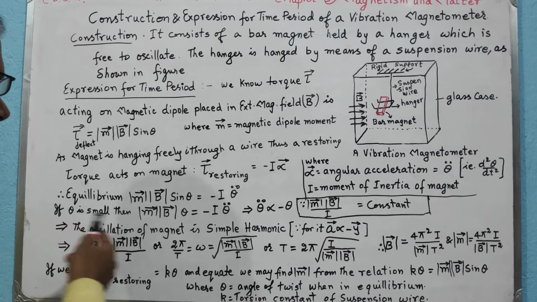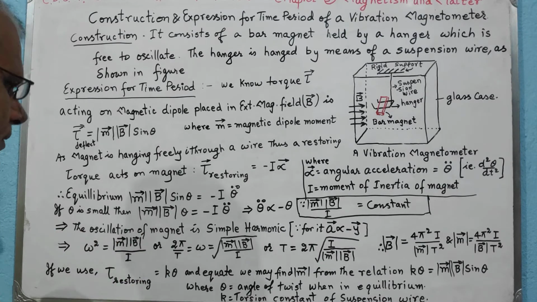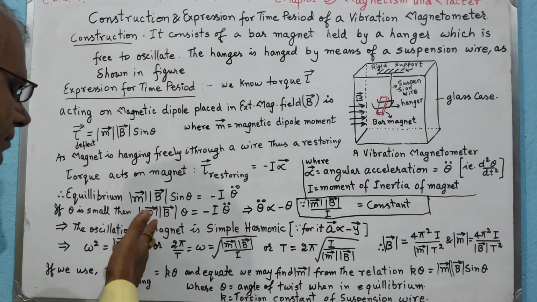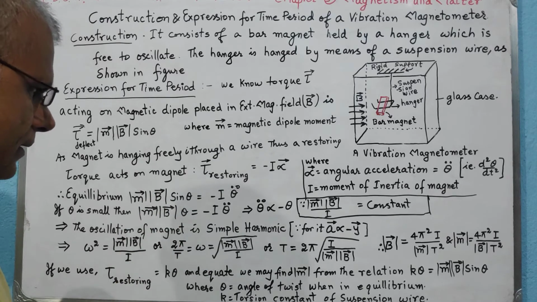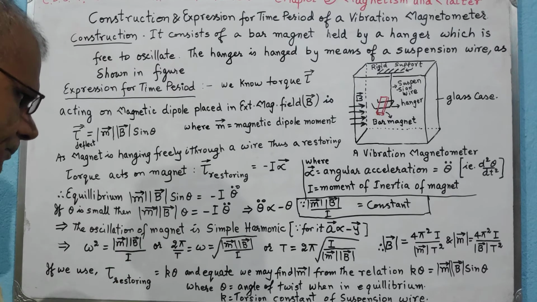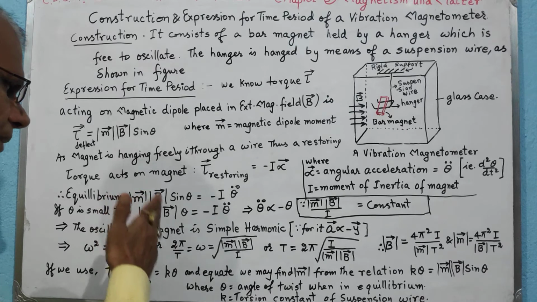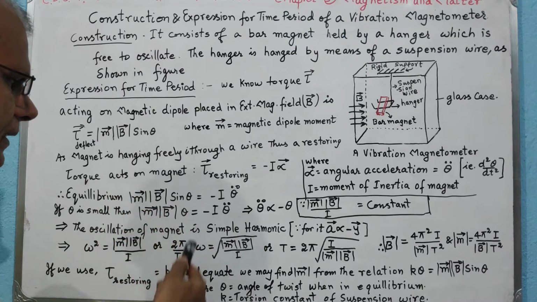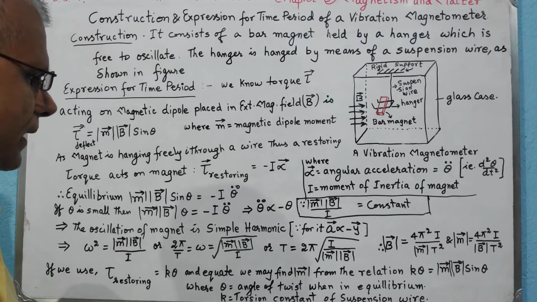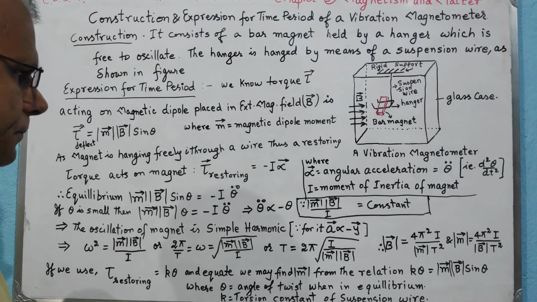If we take theta small, that is for a small angular displacement, we have magnitude of m, magnitude of B, sine theta nearly equal to magnitude of m, magnitude of B, theta. So for sine theta we write theta, and that is equal to minus I theta double dot.